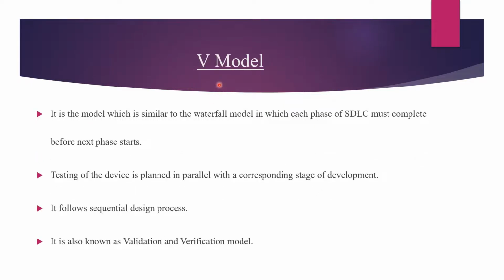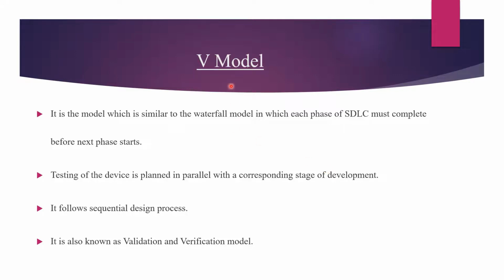The V model is basically similar to the waterfall model, and it is also known as the verification and validation model. In this model also, each phase of SDLC must complete before the next phase starts, meaning it is similar to the waterfall model, in which linear sequential phases come: first requirement gathering is done, then planning, then analysis, then design, and then the code of the system is started.